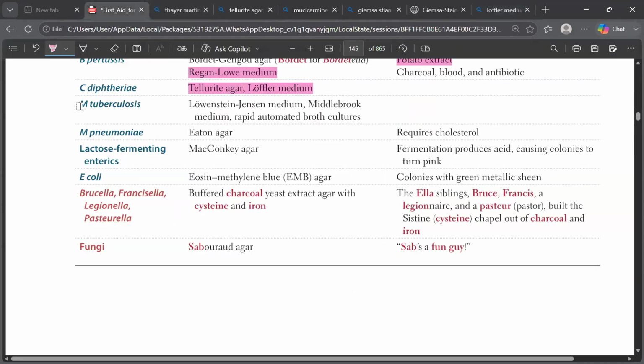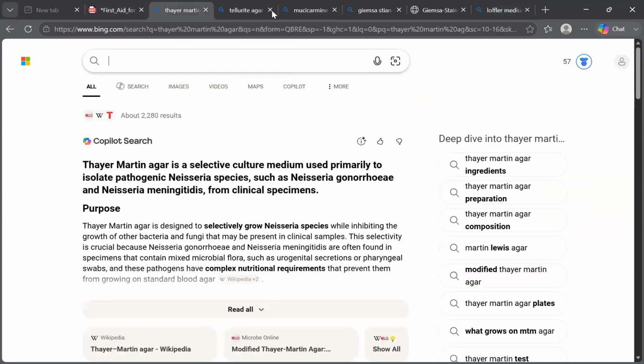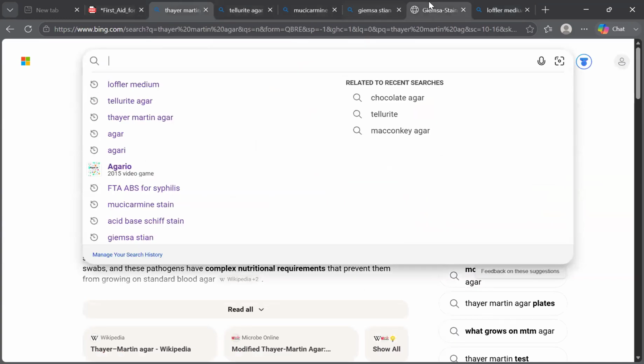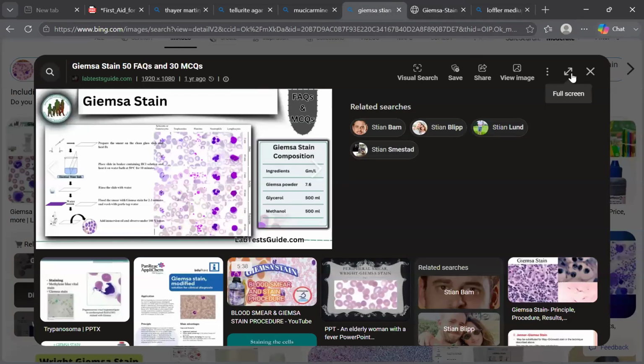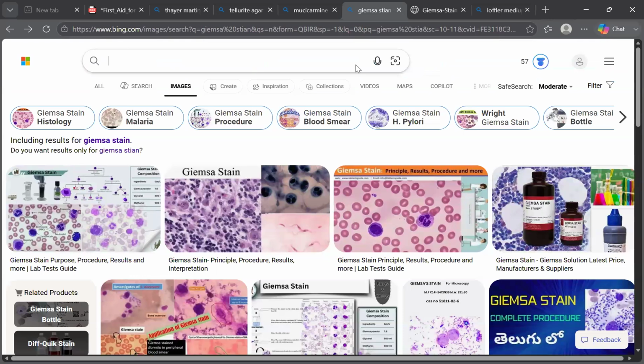Okay, and then Mycobacterium tuberculosis. It requires a Lowenstein-Jensen medium, Middlebrook medium, and rapid automated broth cultures. Lowenstein-Jensen, Middlebrook, and rapid automated broth cultures. So, Lowenstein-Jensen. I'm going to see it first.